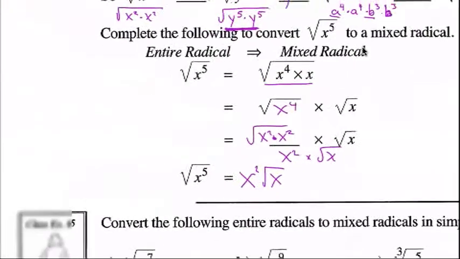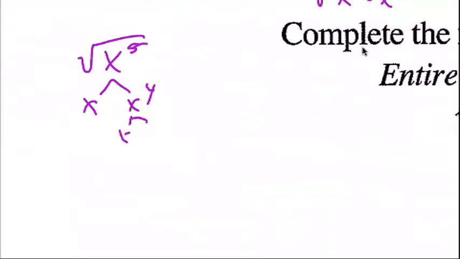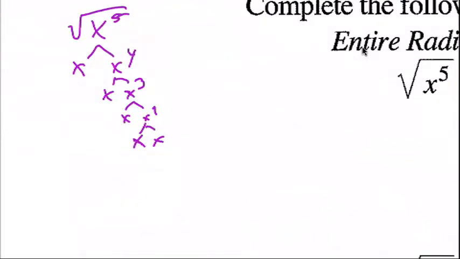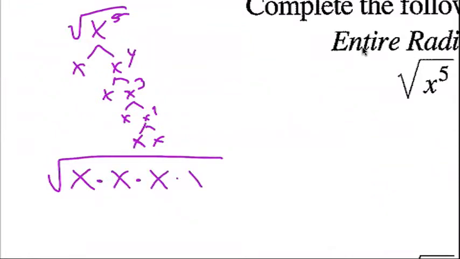Now, using prime factorization, square root of x to the 5th, I would still prime factorize x to the 5th. Now, you probably wouldn't need to prime factorize because you should know that x to the 5th is the same as x times x times x times x times x.